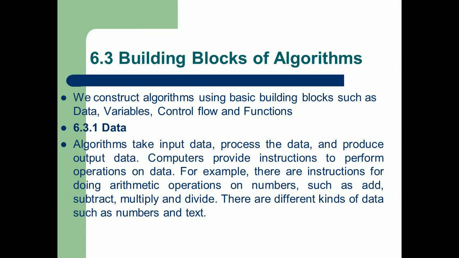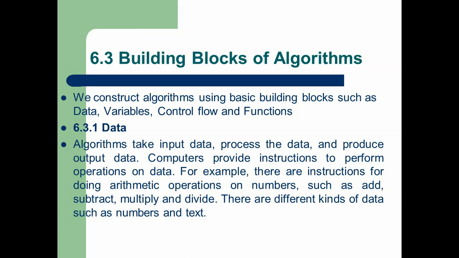Number one, data. Number two, variables. Number three, control flow. Number four, functions. Without these blocks, we are unable to form an algorithm. So we should know what data is, what a variable is, what control flow is, and what functions are.